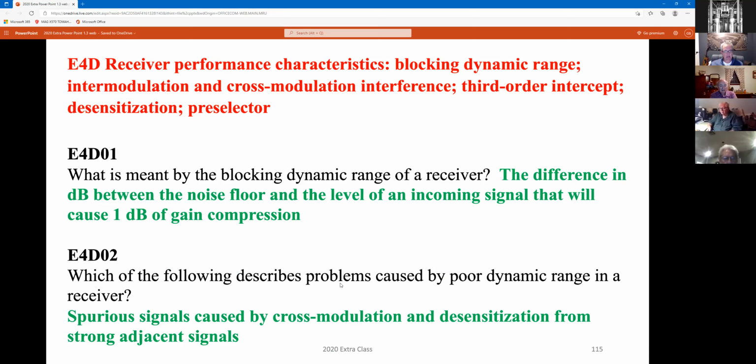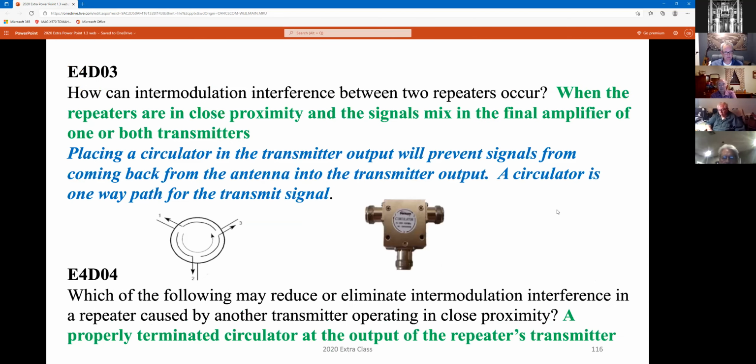Which of the following describes problems caused by poor dynamic range in a receiver? Spurious signals caused by cross modulation and desensitization from strong adjacent signals. How can intermodulation interference between two repeaters occur?